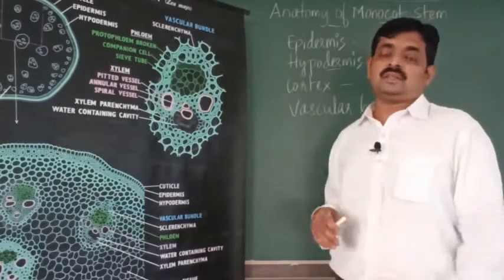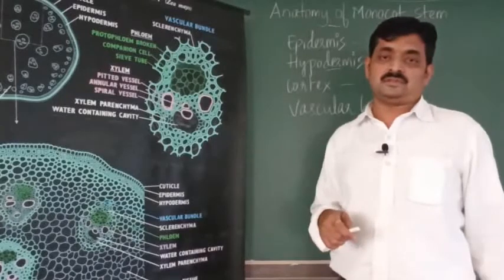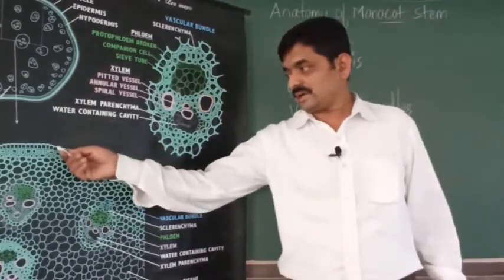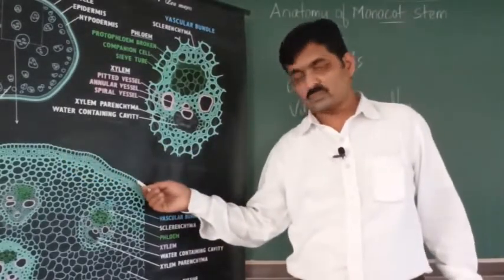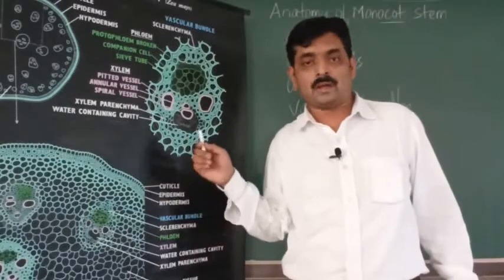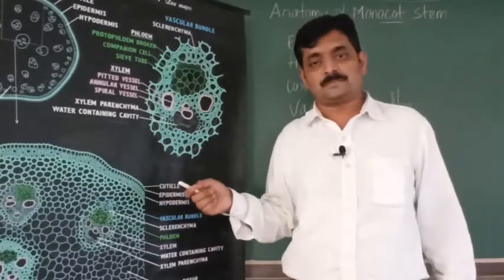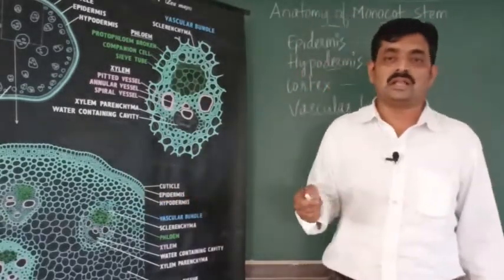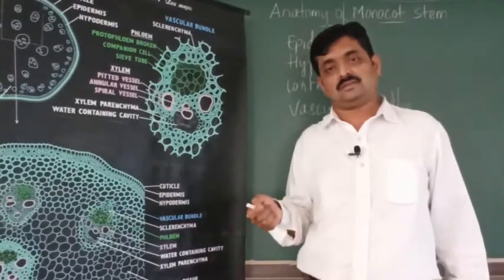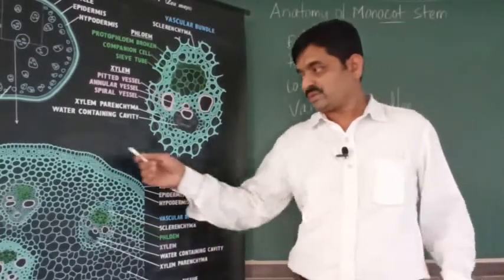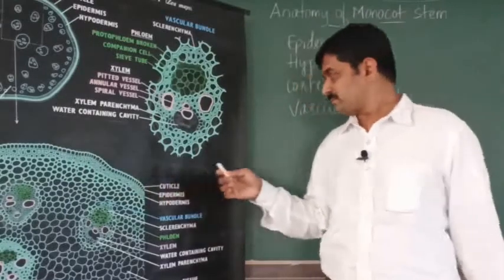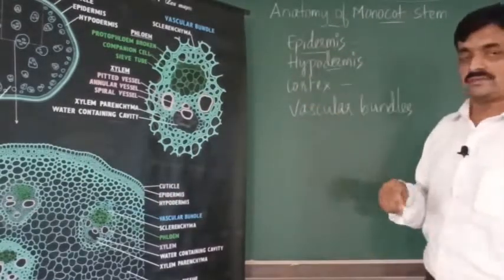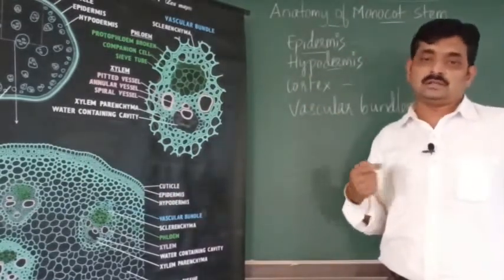So here, the parts that we can observe, they are again the outer covering, right? The outer covering is epidermis. So epidermis is composed of a single layer of parenchyma cells. So the outer layer is epidermis, which is composed of a single layer of parenchyma cells.